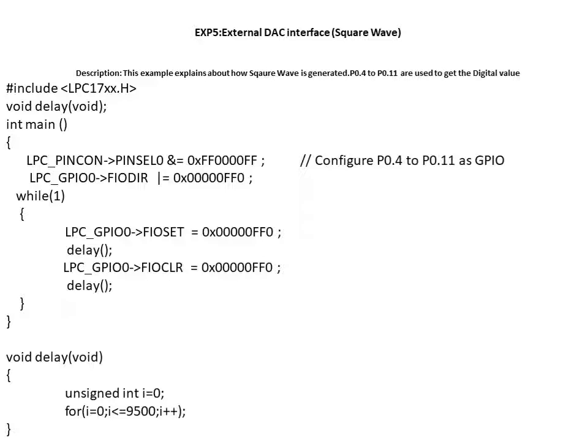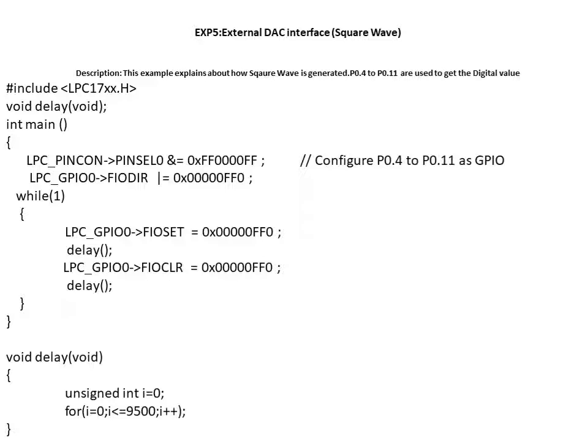So when you need to clear a port pin, you send the data through FIOCLR. Which pins you want to clear, you make those bits ones. And through FIOSET, you send the value as 1. Which pin values you want to set high, you make those bits ones.